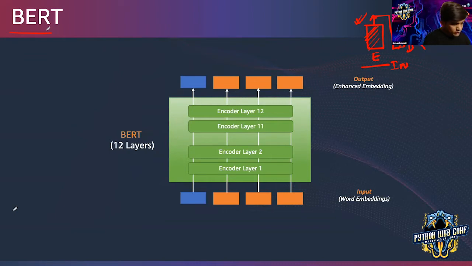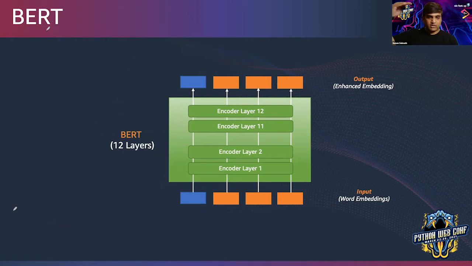So now let's look into BERT, how it works and what it is from inside. If you look at BERT, it comprises multiple encoder layers. We talked about this whole thing being an encoder, and inside that you have multiple encoder layers, and all of these layers are identical.